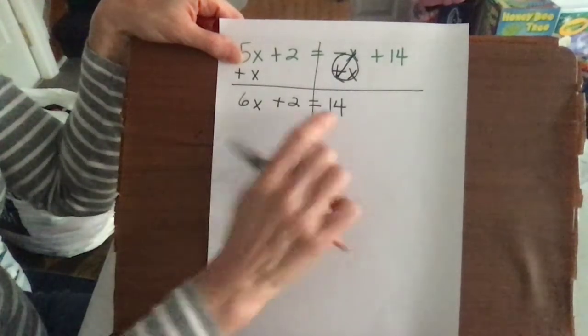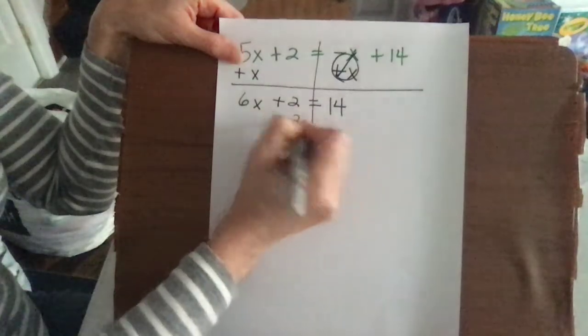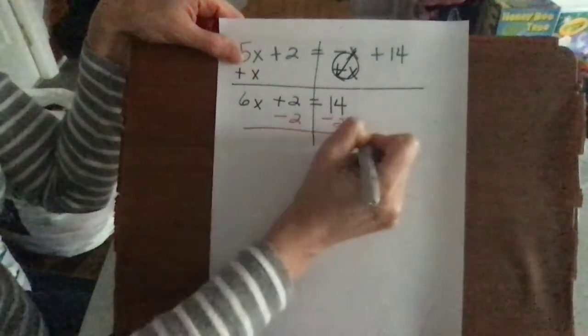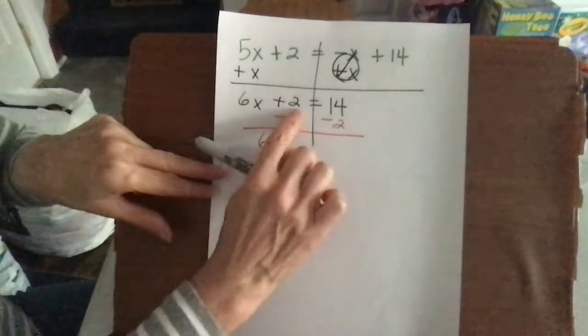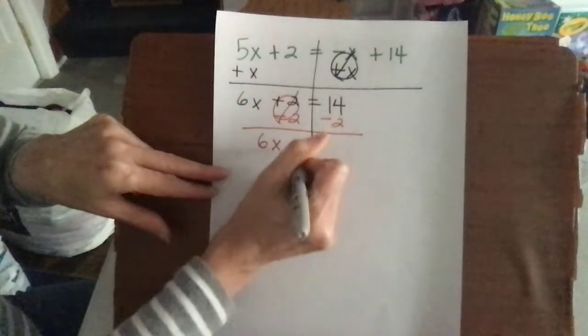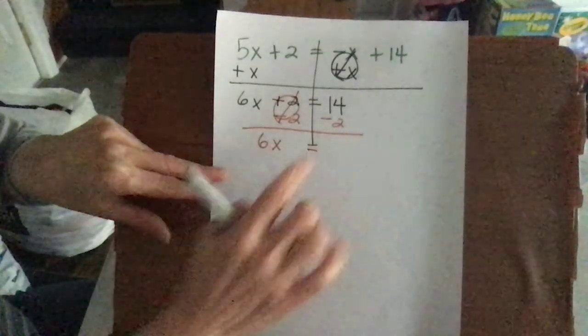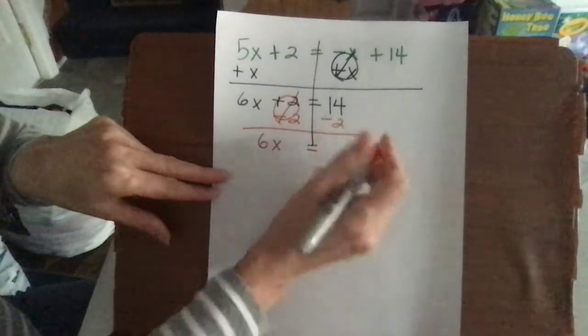So we need to get those together. So we're going to subtract 2 on each side. 6x comes down. Positive 2 minus 2 is 0, so we lose that. Equals, and now we have 14 minus 2, which is 12.